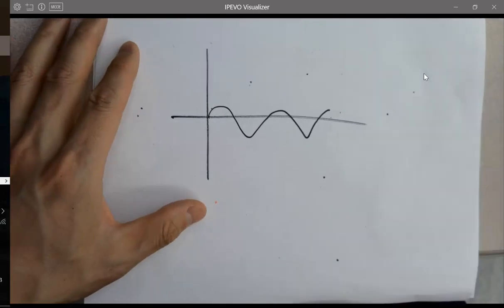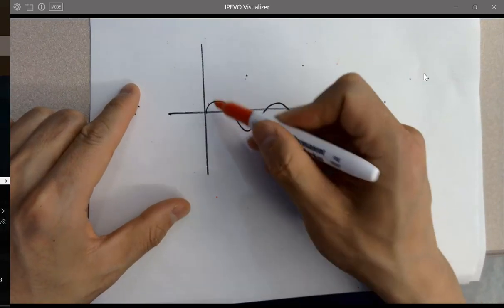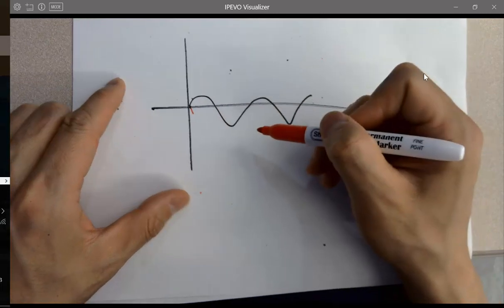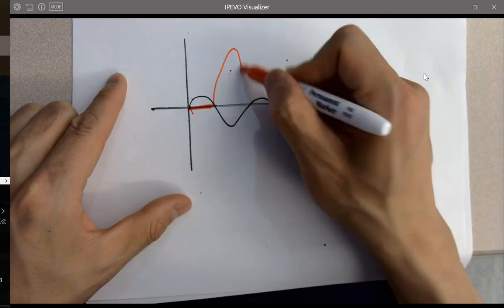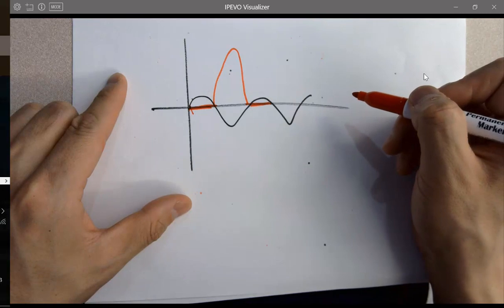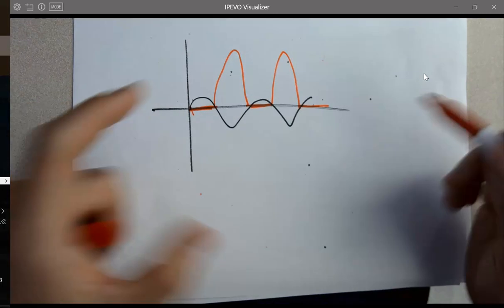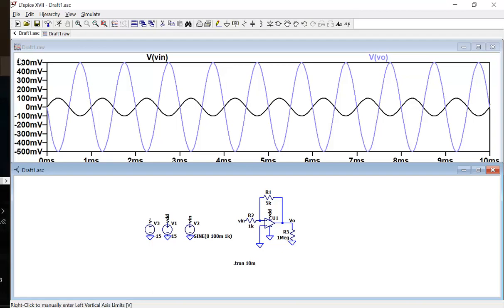So it's going to amplify the signal, but when you have a peak, then a dip, it won't be able to swing back to negative. It's going to cut here. Yeah, so this is what you are getting. But if you do the LTspice simulation, it's the ideal op-amp. It will still do the job for you. Just letting you know, it won't work in the real world.